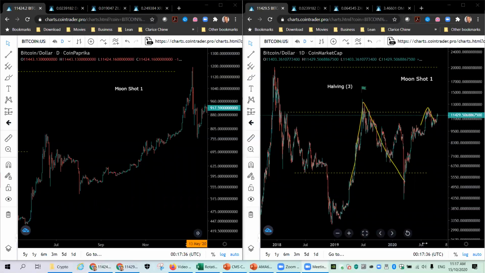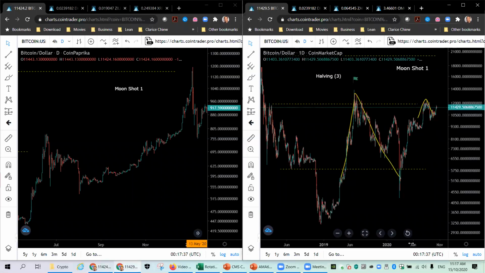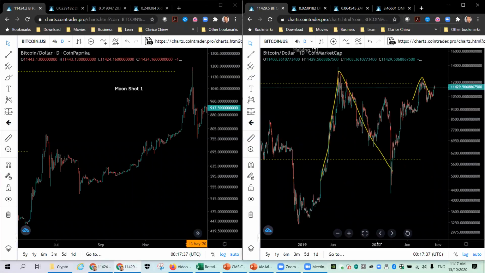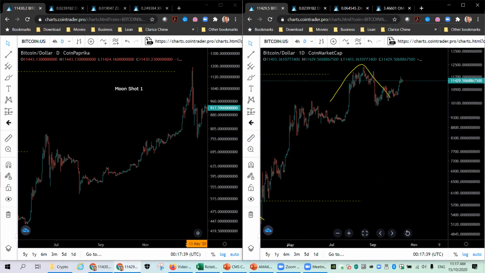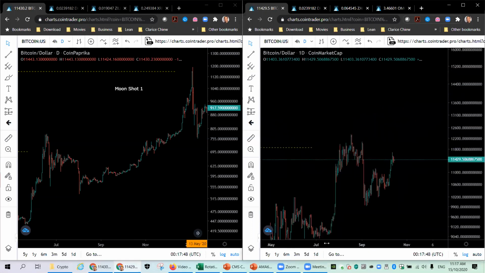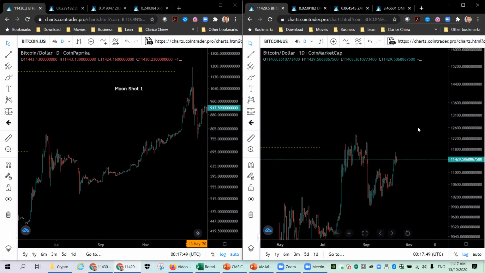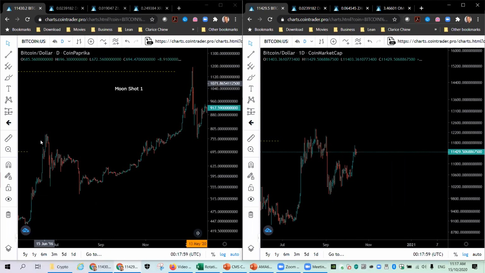Okay, so let's zoom in over here on the structure here. So if we were to try to, it would look something like that. All right, so the hard part is to decide where exactly Bitcoin is.